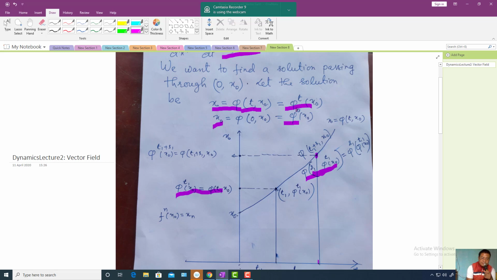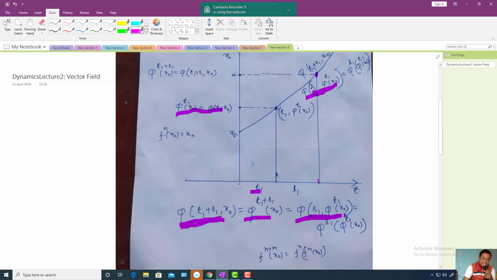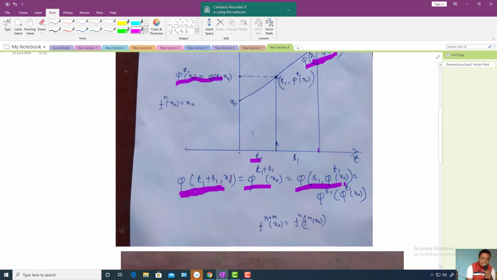Then this phi naught can be regarded as an identity function, because its image on x naught gives the same point x naught. So this condition, this equality, is fulfilled, and that type of function we call flows. So dynamical system, in another language, many authors use flows also, okay.